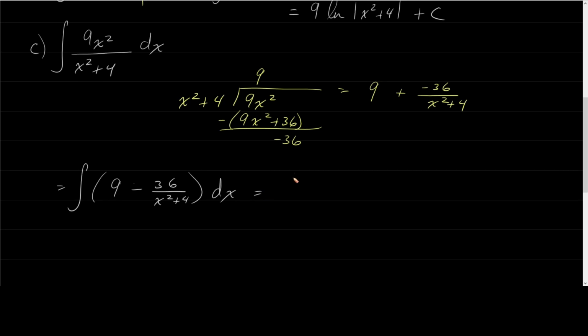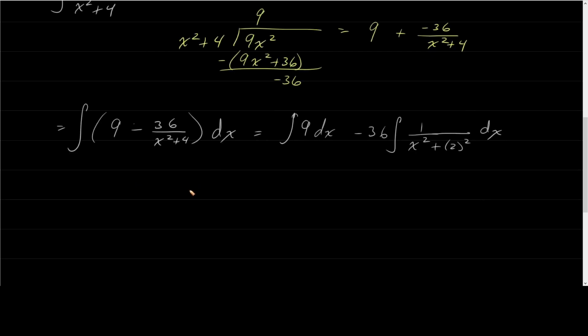And I could turn this into two integrals, the integral of 9 dx, and minus 36 times the integral of 1 over x squared plus 2 squared dx.